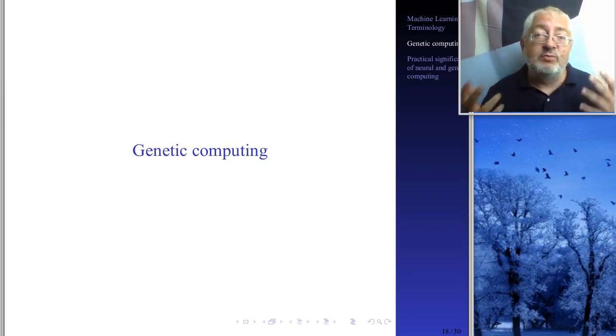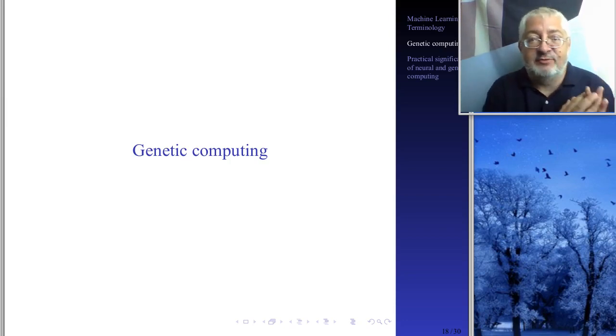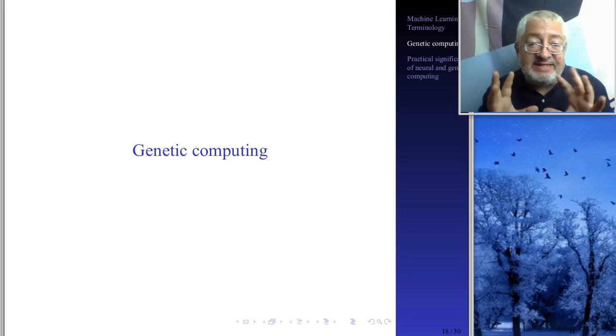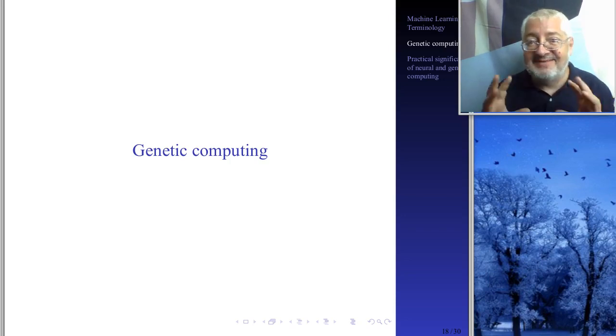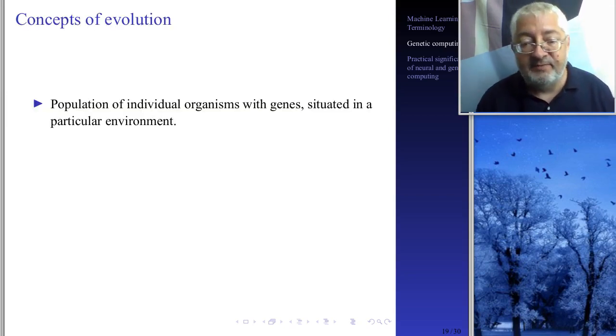And again, like it was with neural networks, this is just a metaphor. It's not like genetic computing is really about modeling how genetics works in biology. This is not what we want. It's a metaphor that allows us to create a particular computational model that is useful in order to solve problems. Right? Let's see how this works.